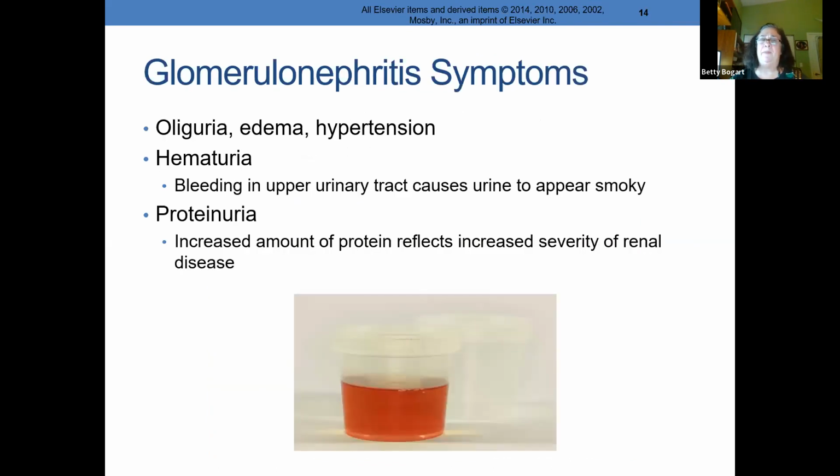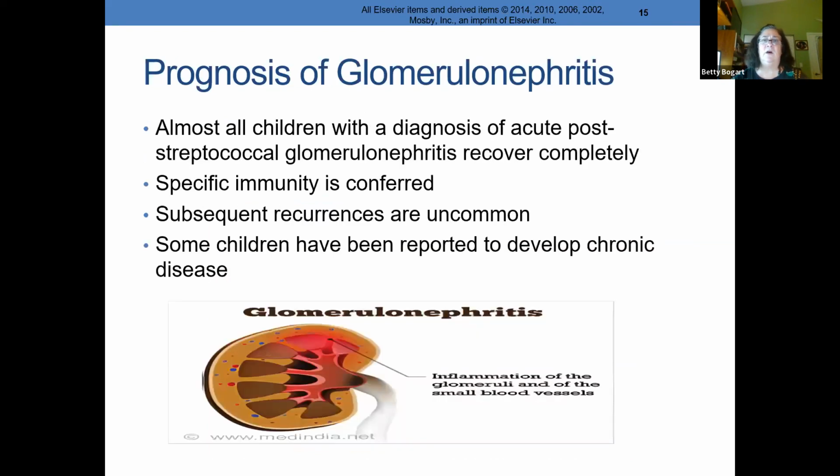So what happens? Well, child stops urinating or minimally, starts to swell up, and with that comes that elevated blood pressure. You might see blood in the urine, and you might see it dark from the protein that is in there. So if it's due to an acute glomerular nephritis due to a strep, we just put them on the antibiotics. And the antibiotics will recover from it most of the time.